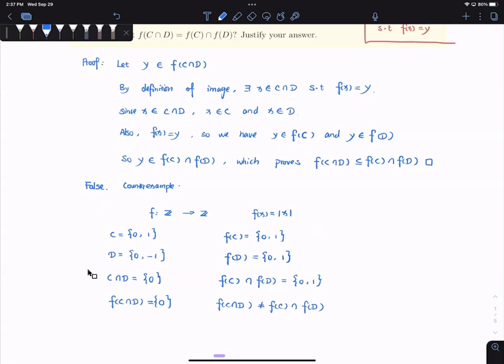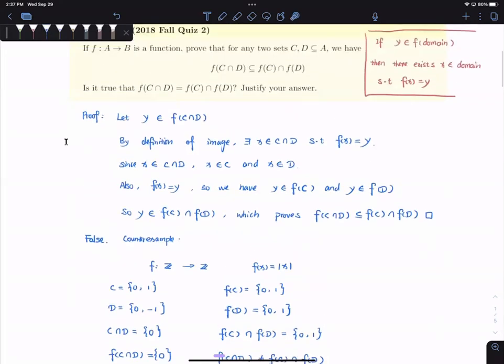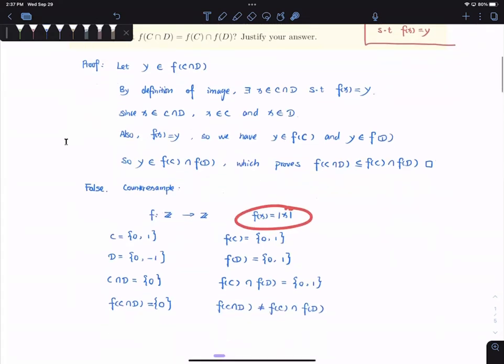Can we accept something like this? Let me explain this again. I have a counterexample. My A is all the integers, my B is all the integers, and f of x equals the absolute value of x. Now I pick some numbers for my integers. C is {0, 1}, D is {0, -1}.